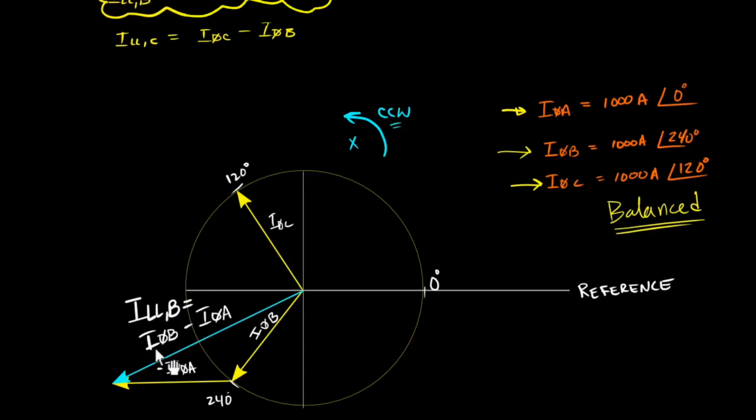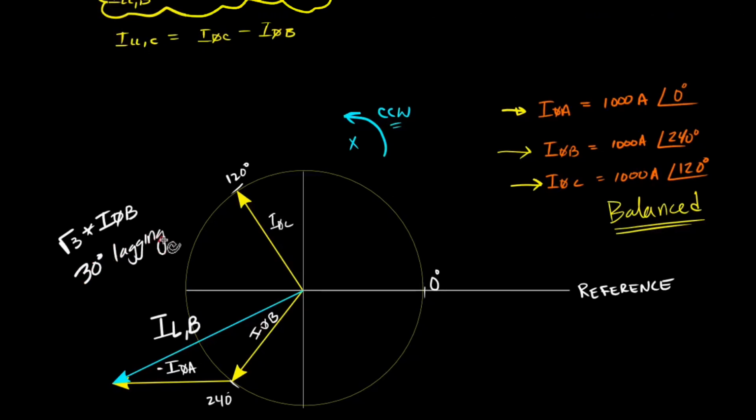So our line current B, let's remove this. The magnitude of line current B is the square root of 3 times phase current B. Very similar to our last example in part 5b, right? And our line current B is also 30 degrees lagging compared to phase current B. It's lagging because we assume all of the phasors are rotating in a counterclockwise direction.